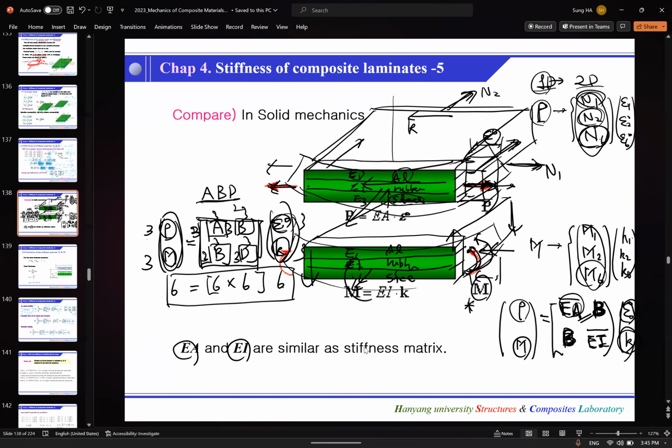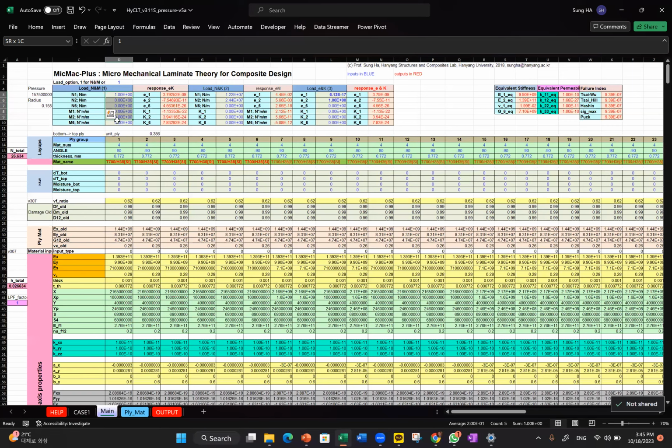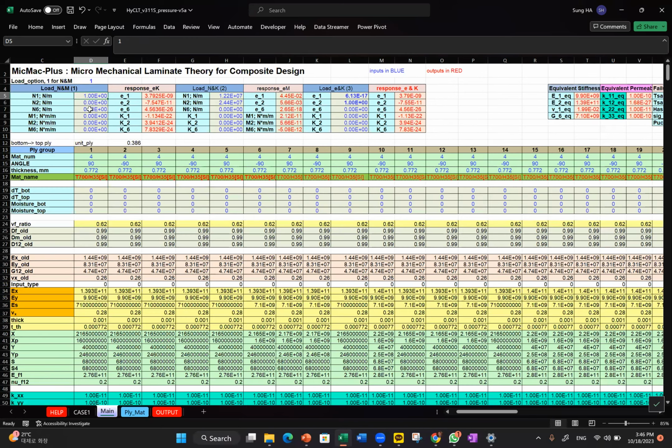back to our Excel file. As you can see, this is the load we apply. This is the number in blue: inputs in blue and outputs in red. This is the convention we are using. So here we enter, and then here we're going to have 3 strains and 3 curvatures.